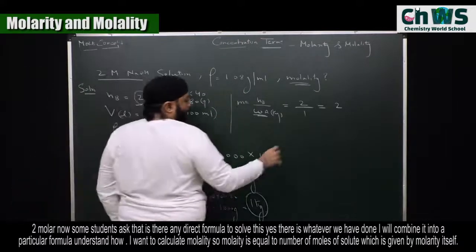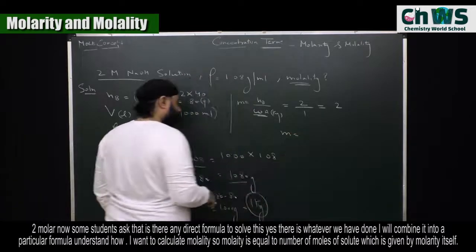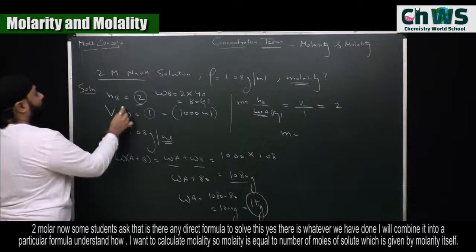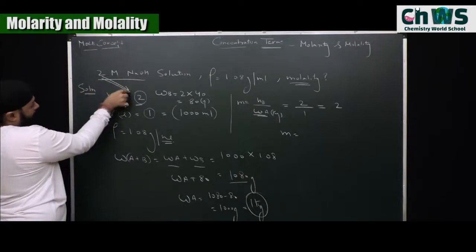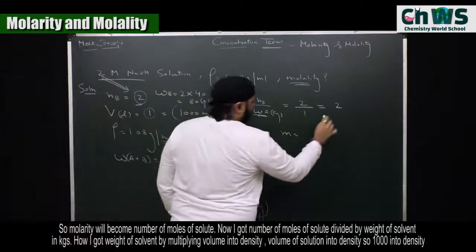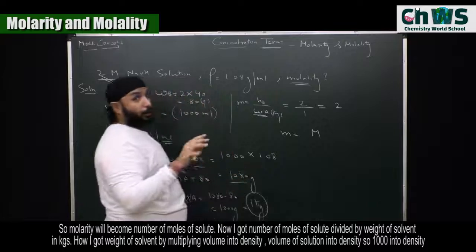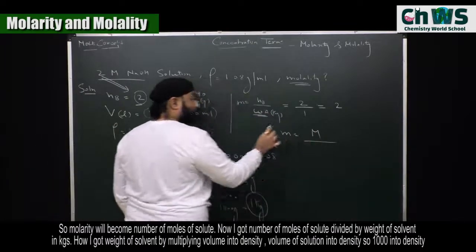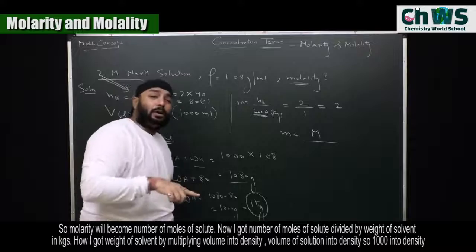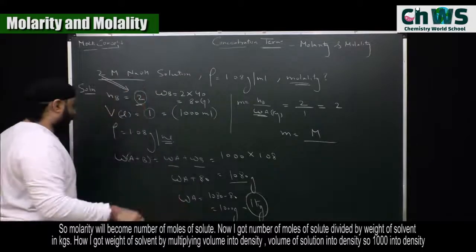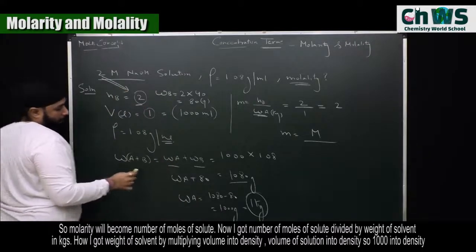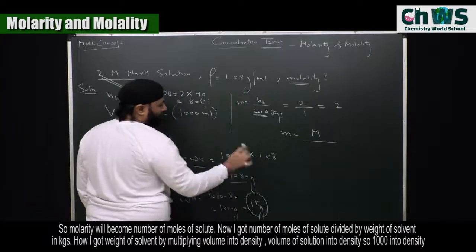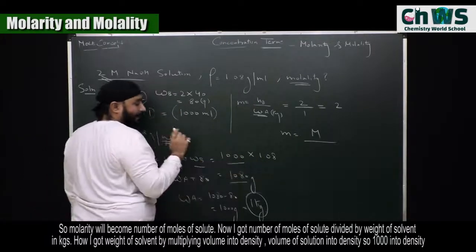Understand how? I want to calculate molality. So molality is equal to number of moles of solute, which is given by molarity itself. So molarity will become number of moles of solute, divided by weight of solvent in kgs. How did I get weight of solvent? By multiplying the volume of solution into density. What is the volume of solution? According to definition, 1000.